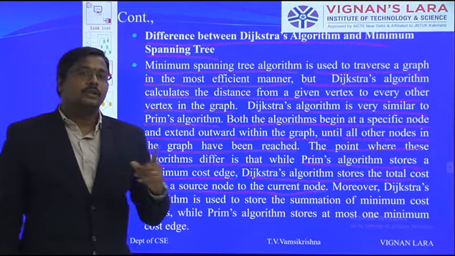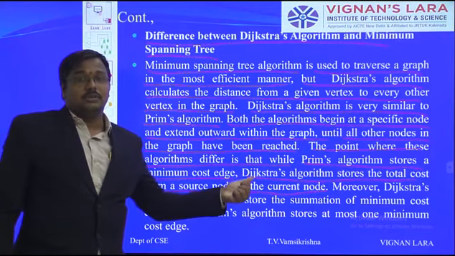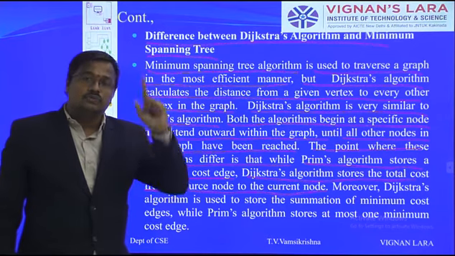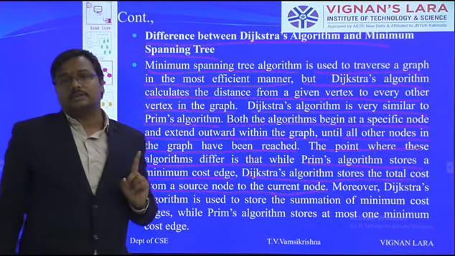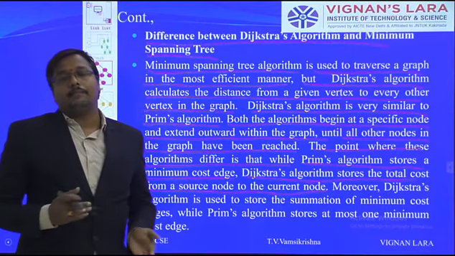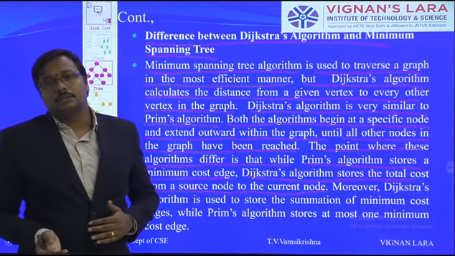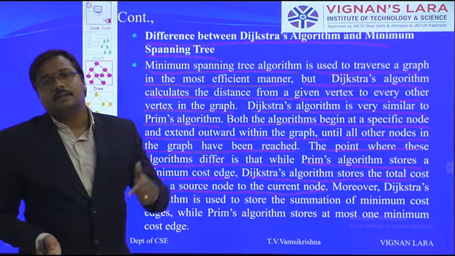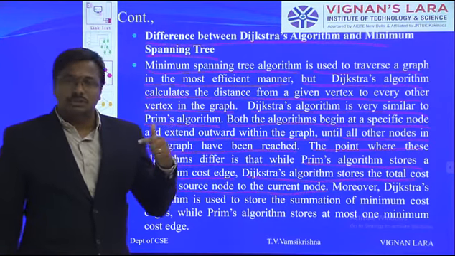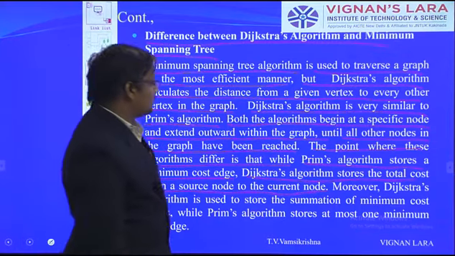But in Dijkstra's algorithm, we are calculating the distance from the source vertex to the particular vertex. By comparison, it is edge based in one and path based in the other: the source vertex to corresponding vertex distance we are selecting.